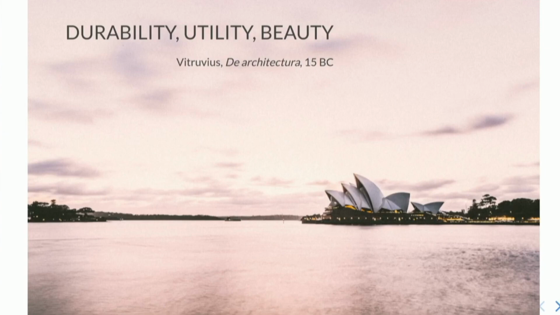So Vitruvius says that architecture is about things that are durable, something that has to last, has to be useful, has to be beautiful. And for me, this was very interesting because how many times do you think about your code as something that has to be useful, beautiful, and durable?